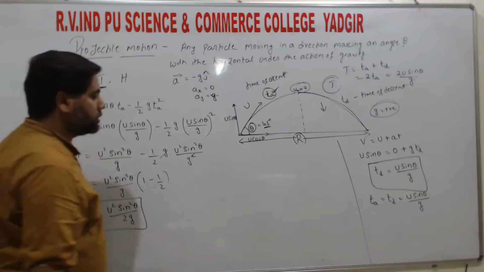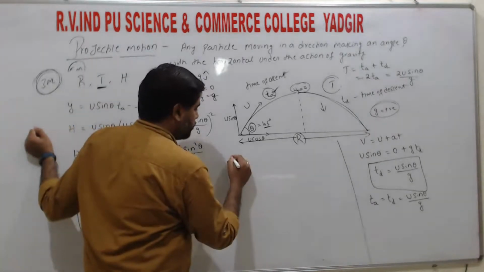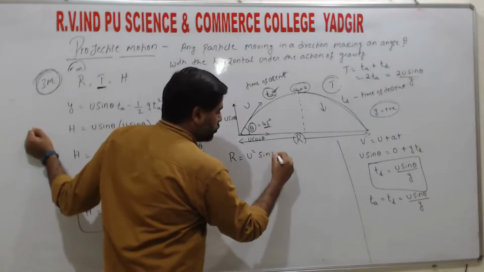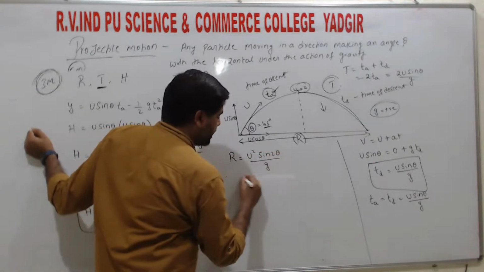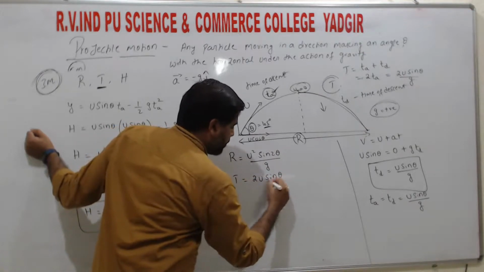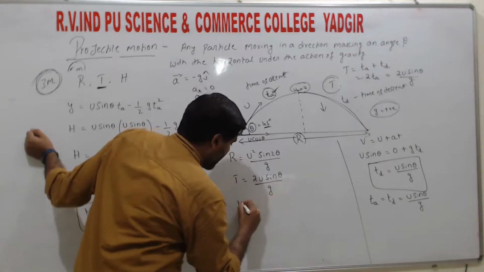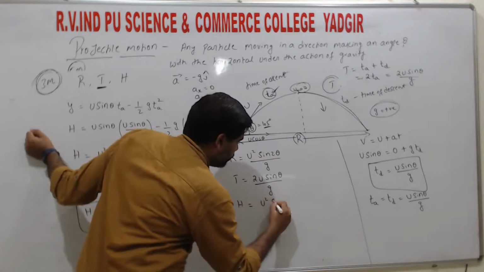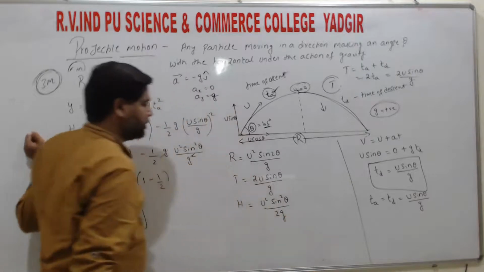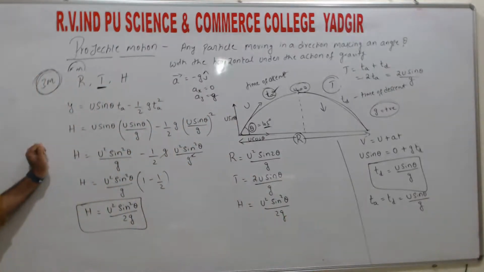So now if I write all the relations: range r is equal to u square sin 2 theta divided by g, time of flight is equal to 2u sin theta by g, and height h is equal to u square sin square theta by 2g, right?